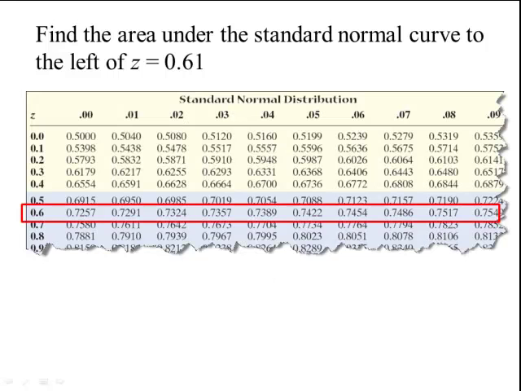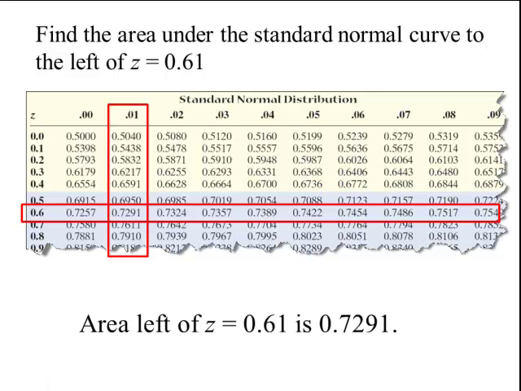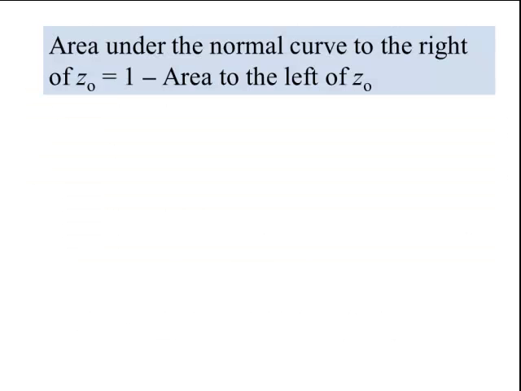So we go to table 5. We do 0.6 and then we do 0.01 for our column, and we see that the area to the left of this z is 0.7291.